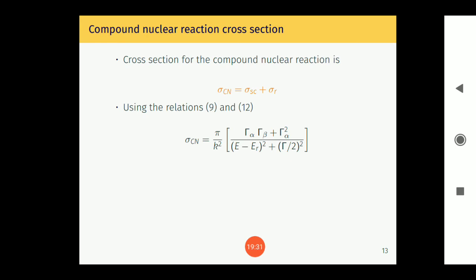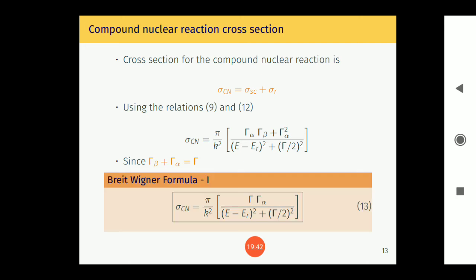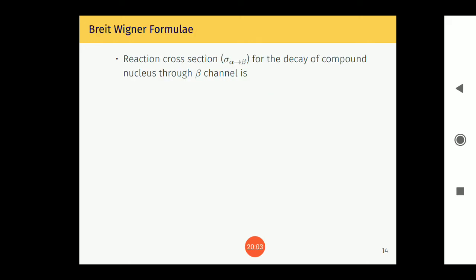Substituting and taking out the common factor, and we know that gamma alpha plus gamma beta is the total width gamma, the compound nuclear reaction cross section can be written as a simple expression like this, which is equal to pi by k square times gamma alpha divided by (E minus ER) whole square plus (gamma by 2) whole square. This equation 13 is the first Breit-Wigner formula.